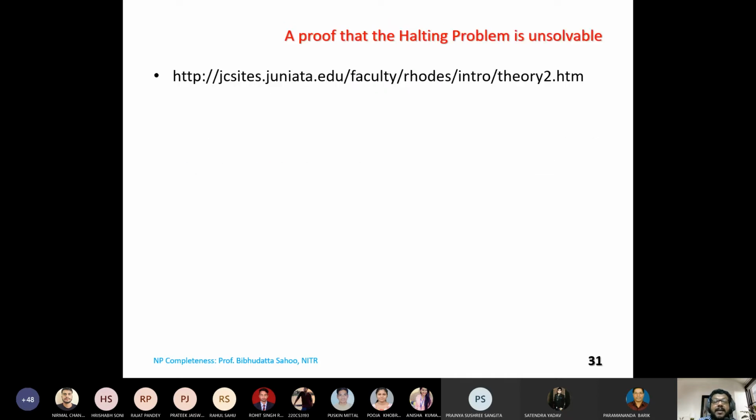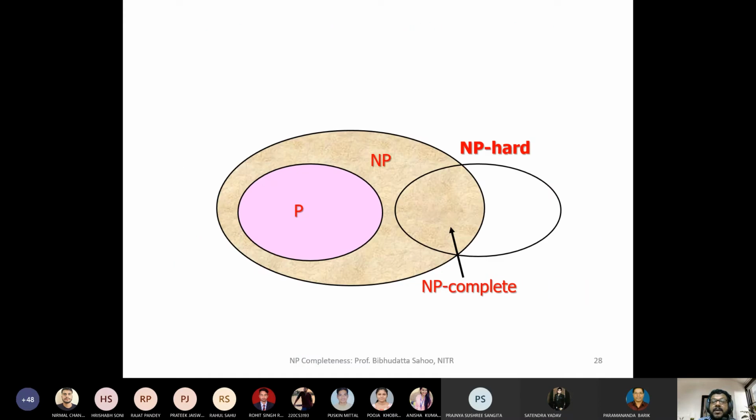Again, you go back to that diagram. In NP, we try to pick up a problem, and that problem is somewhere here in NP, and you prove that that problem is NP complete. We have not discussed so far the definition of a problem being NP complete. But what the diagram says is that all problems in NP are still to be proved NP complete.